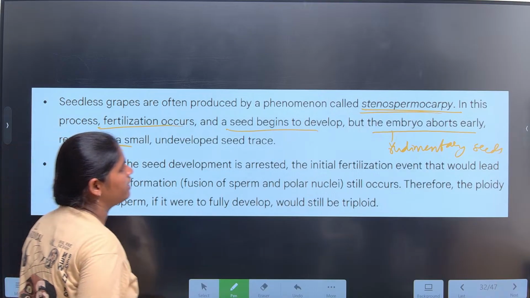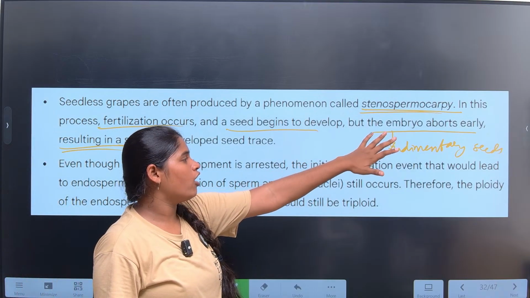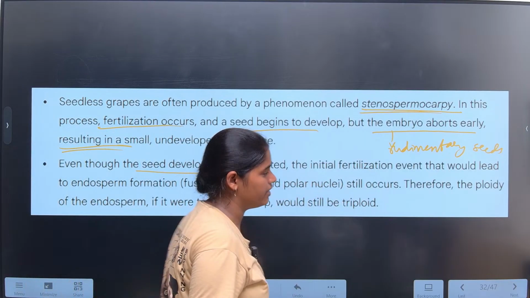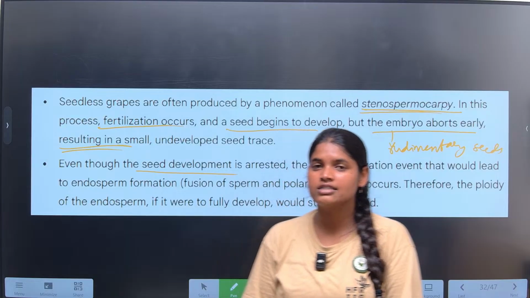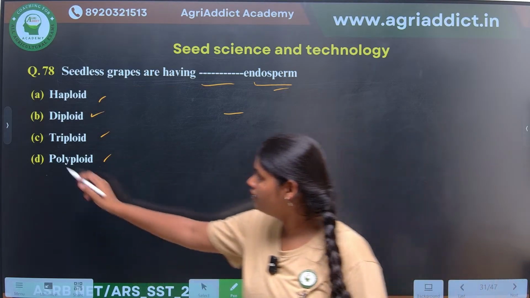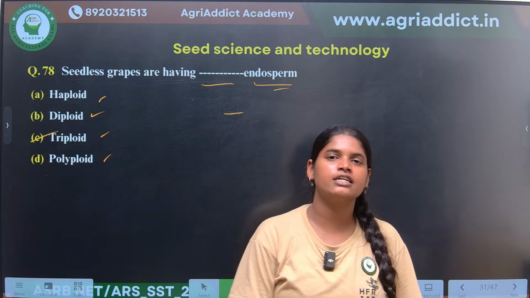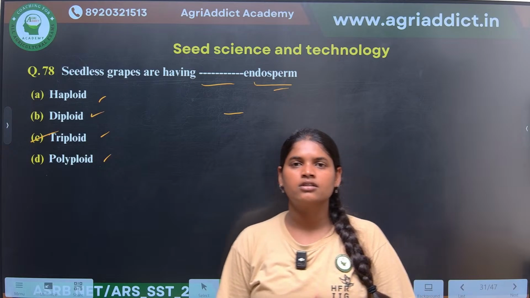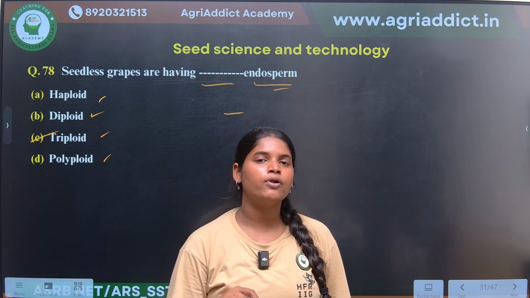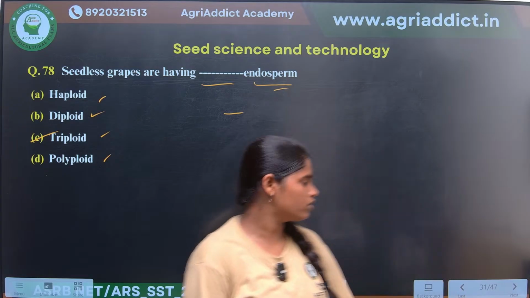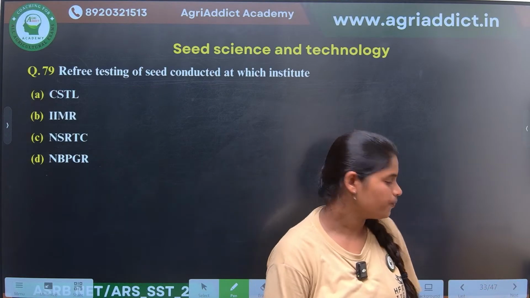Though the embryo aborts early, before that the endosperm has developed as usual. So what is the ploidy level of endosperm? Triploid. So though it is seedless grapes, don't confuse, because of stenospermocarpy it has fertilization also, but the embryo aborts early, and as usual endosperm will be developed. So the answer is triploid.